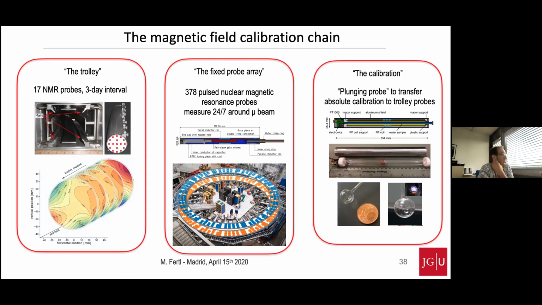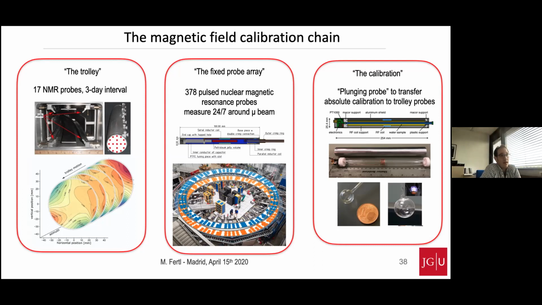That allows us to measure the spatial distribution of the magnetic field around the ring with 17 pulsed nuclear magnetic resonance probes. To track the magnetic field when there are muons stored in the ring, we use the so-called fixed probe array, which is roughly 400 pulsed nuclear magnetic resonance probes that measure the magnetic field 24/7 around the muon beam, and they sit on the outside of or in the walls of the vacuum chambers surrounding the muon beam.